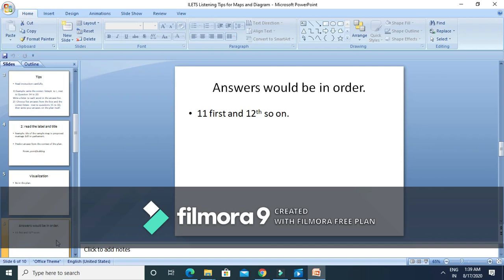As answers would be in order, you'll get to see the answer of question number 11 first, then 12. If in case you get to see the answer of question number 12, that means you have to stop focusing on question number 11. Move on. Move your focus towards question number 13, because question number 11 has gone.